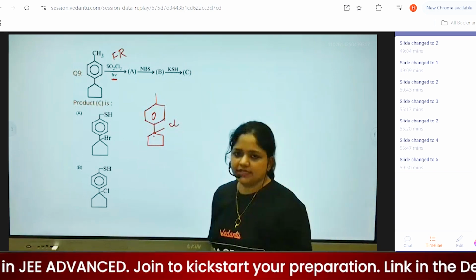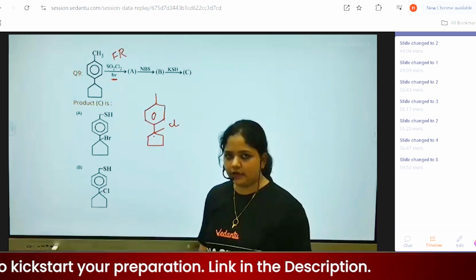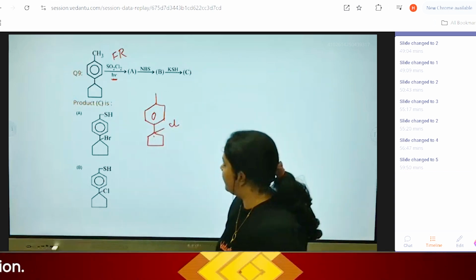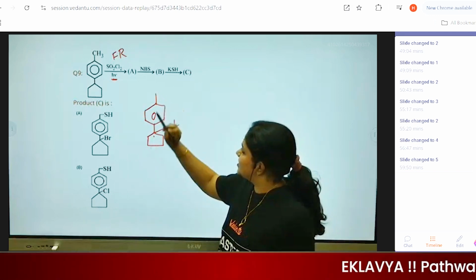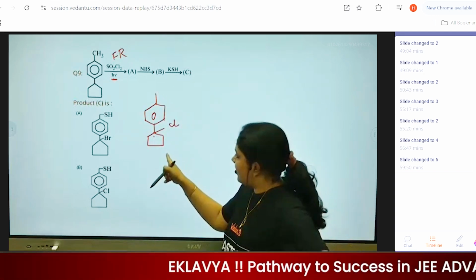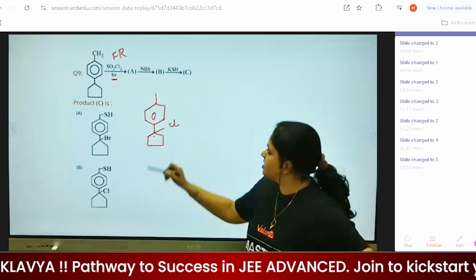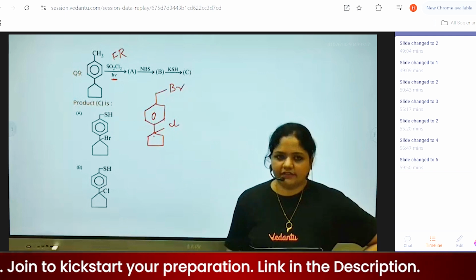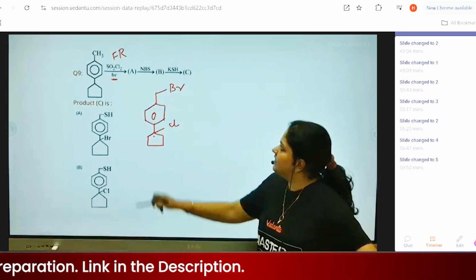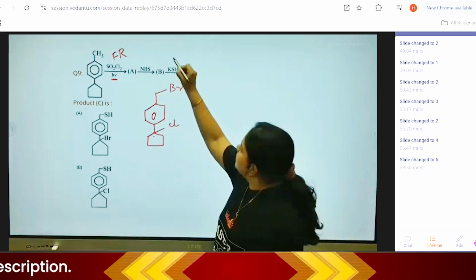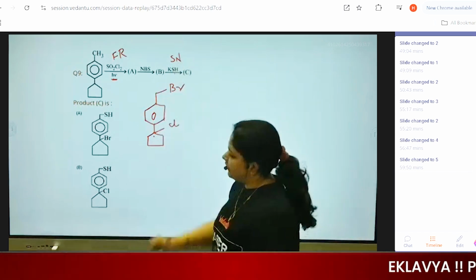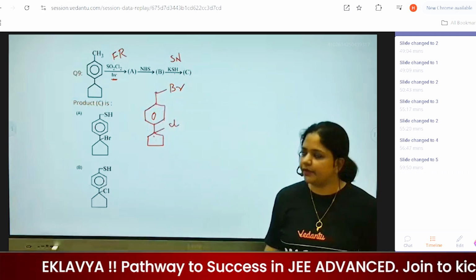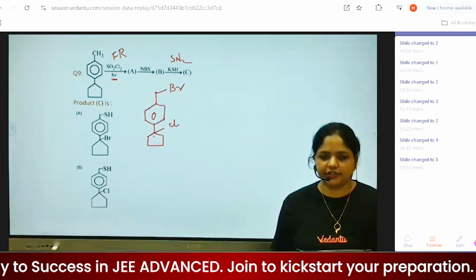Next, NBS. NBS attacks the allylic or benzylic carbon positions, and bromine will get attached there. So where is allylic or benzylic? See, this is benzylic. So this is A. Further reaction with NBS will give Br at this position. Now it is reacting with KSH. Here a nucleophilic substitution reaction takes place, and moreover this is primary, so an SN2 reaction takes place.